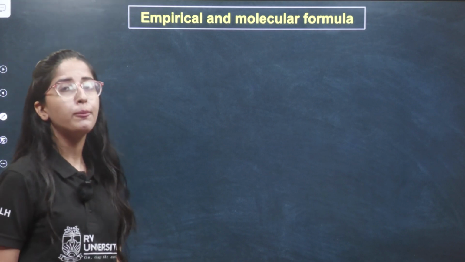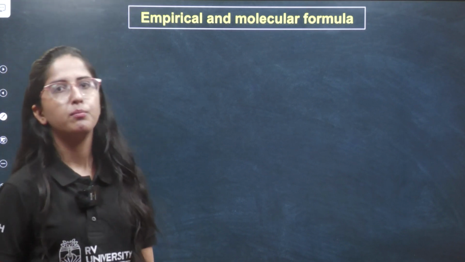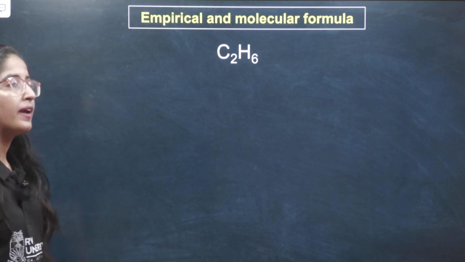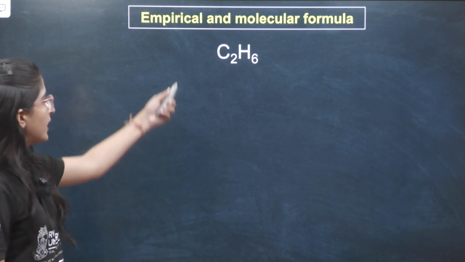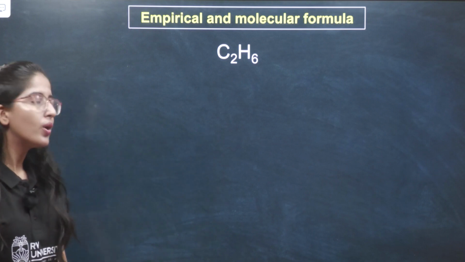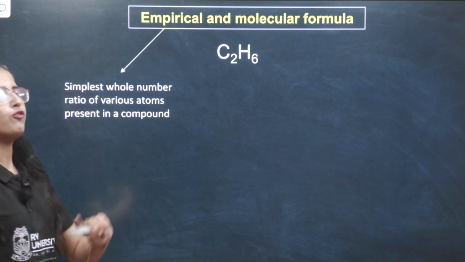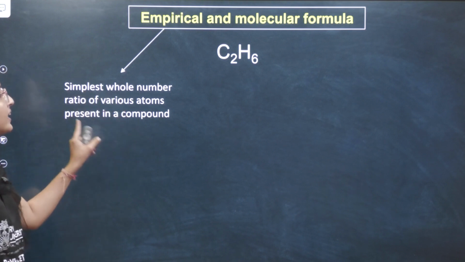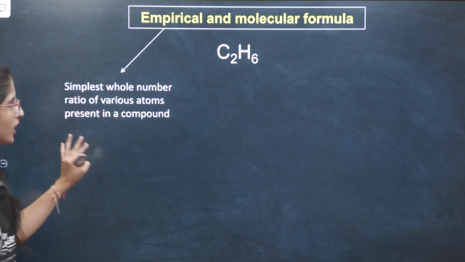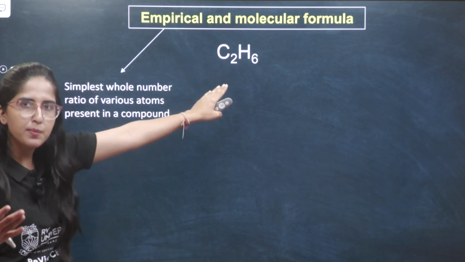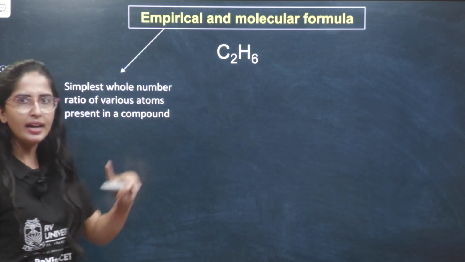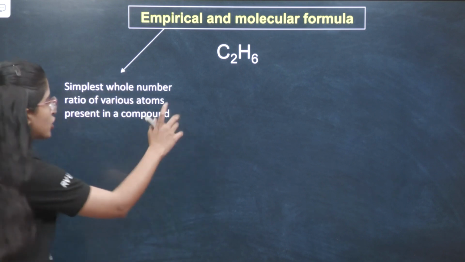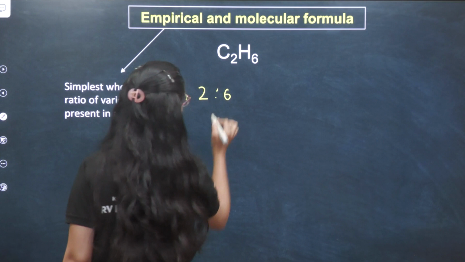Next, let us come towards empirical and molecular formula. What is empirical and molecular formula? Let us see. You have ethane, C2H6. Empirical formula means the simplest whole number ratio of various atoms present in a compound. So there, different types of atoms are present, carbon and hydrogen. What will be the simple whole number ratio? The ratio is 2:6 here, correct?